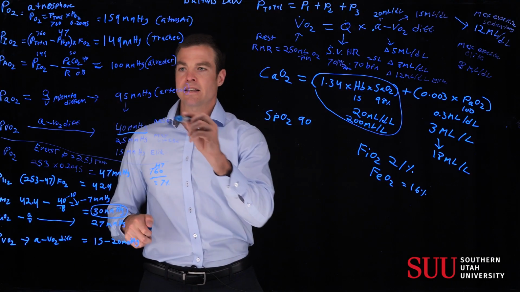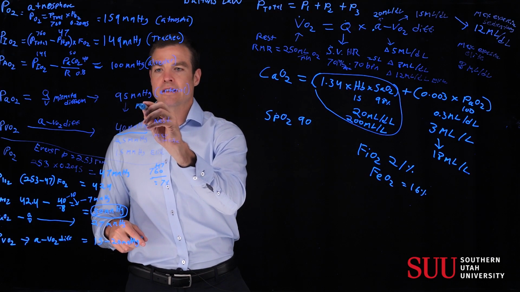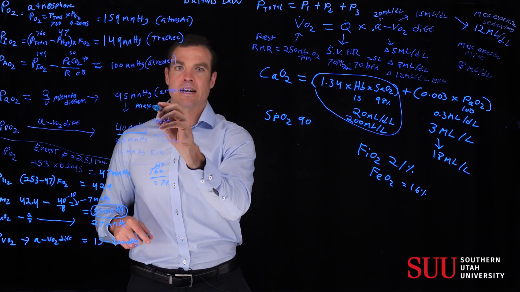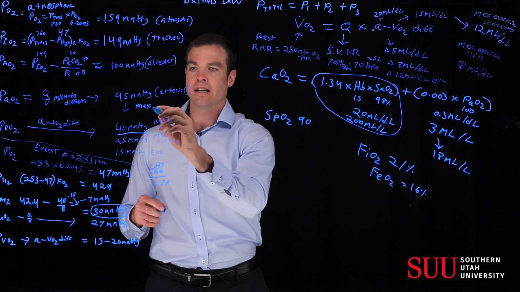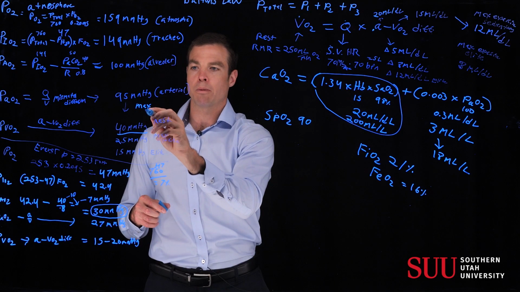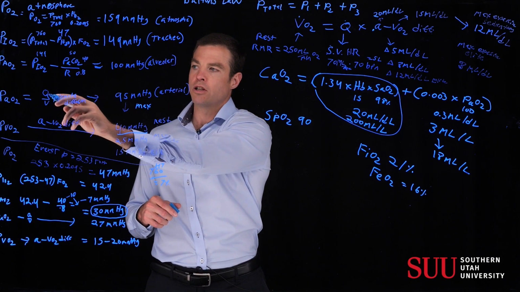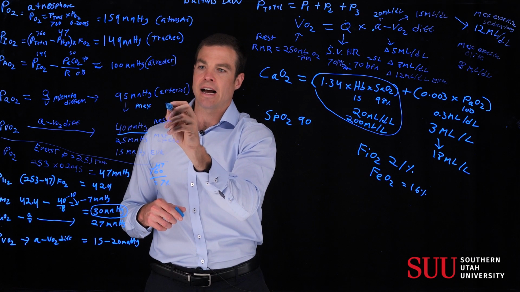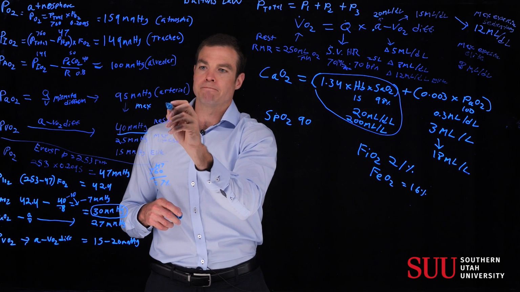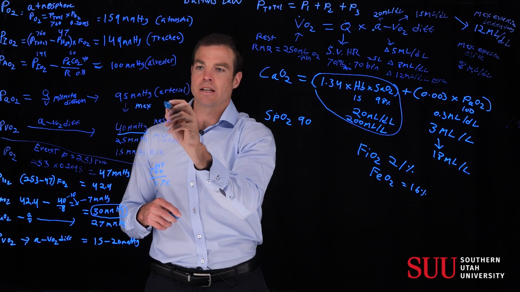Your elite athletes during max exercise, their cardiac output is so high that they can actually push their blood through their lungs so quickly that they have this big mismatch, and they can have this hypoxemia.